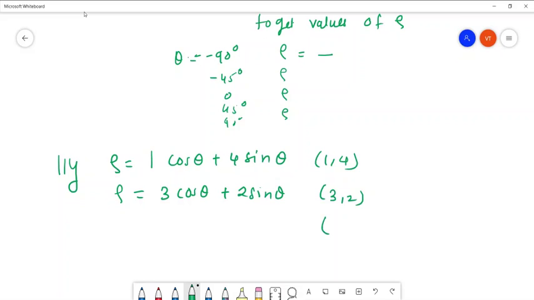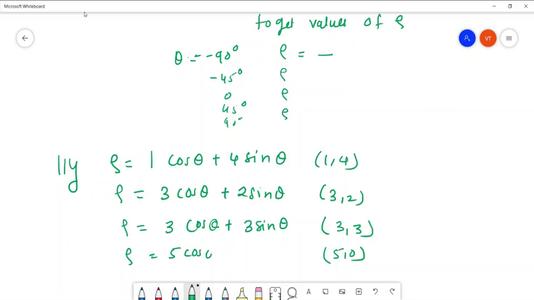The next point given is 3 comma 3, so right here 3 cos theta plus 3 sin theta. Then last point is 5 comma 0. So we'll write here rho equals 5 cos theta plus 0 sin theta.